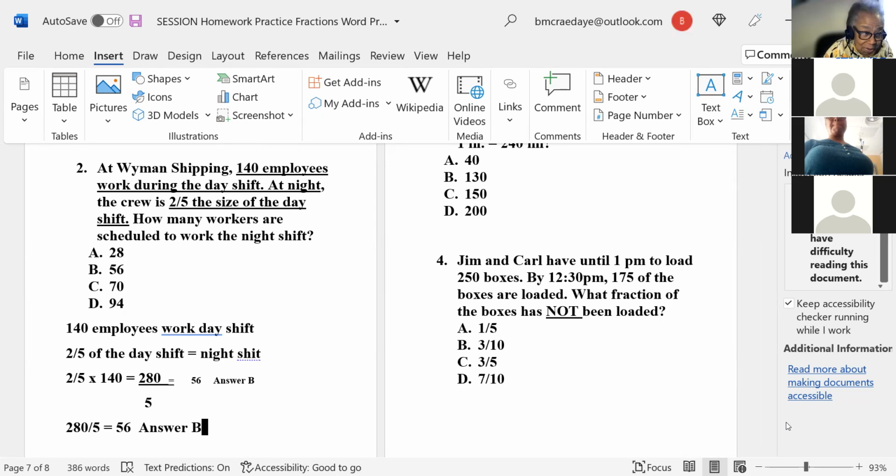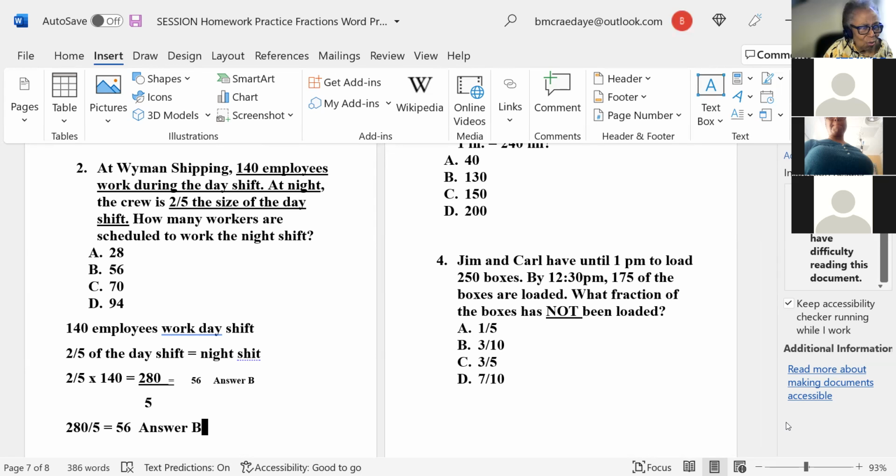I said total. How many workers are scheduled? What's the total number of employees on the 2 shifts? There's 140 during the night and 250 in the day. What's day shift number plus night shift number of employees? What's that total? 420, miss.